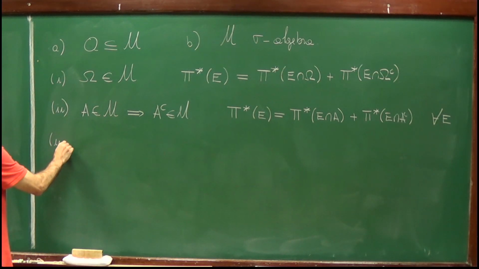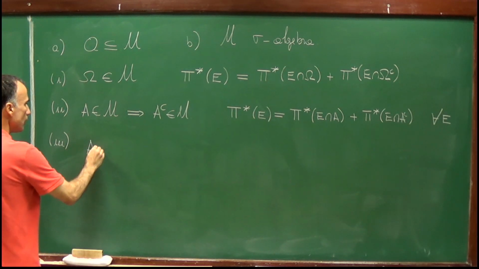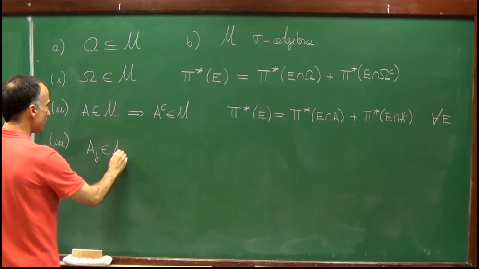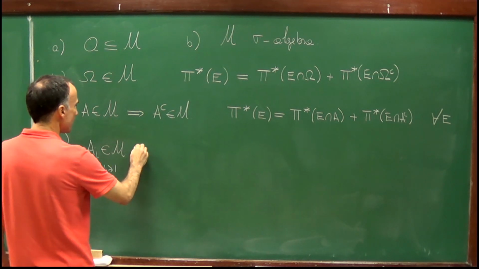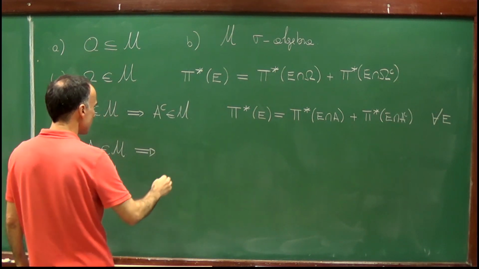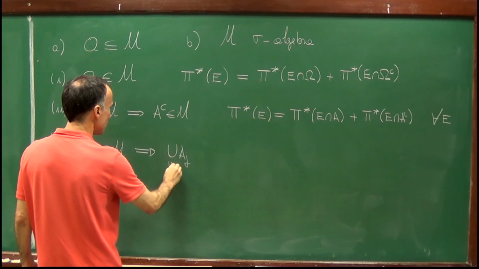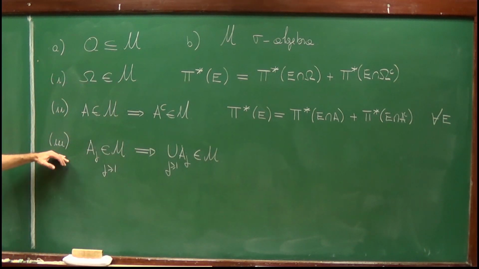What's not so obvious is that M is closed by countable unions. So let's assume that Aj belongs to M for all j greater or equal to 1, and we want to show that the union of Aj belongs to M. The proof of this assertion will be performed in 2 steps.